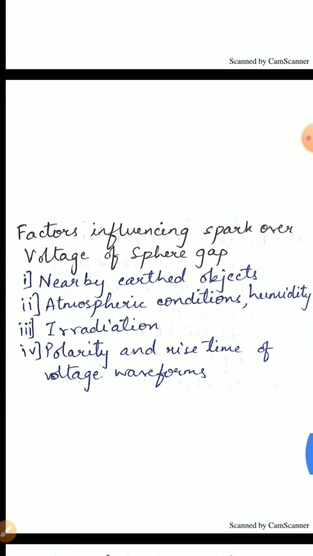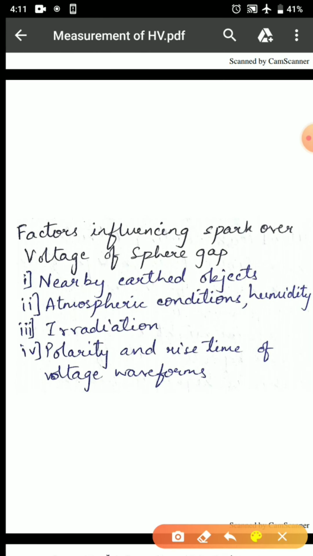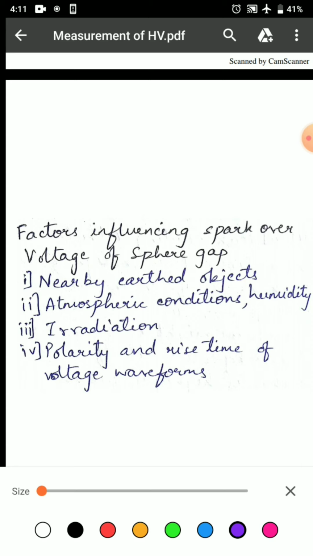The factors that influence spark over voltage for a sphere gap are nearby earthed objects, atmospheric conditions and humidity, irradiation, polarity and rise time of voltage waveforms.